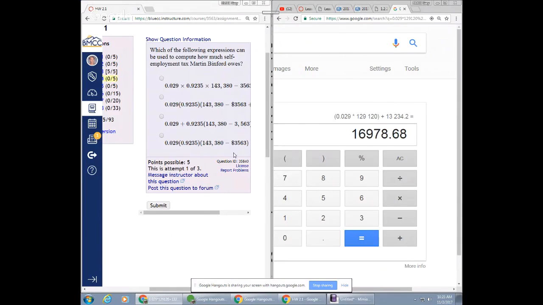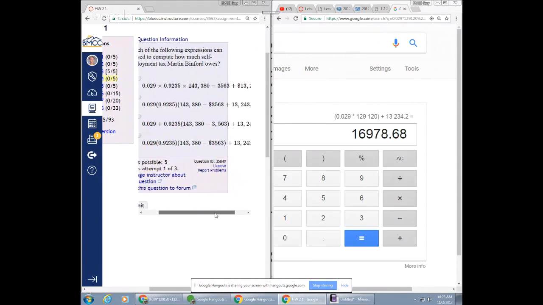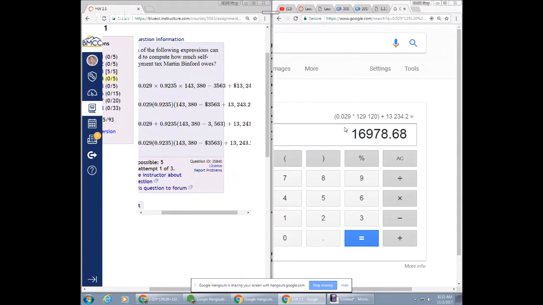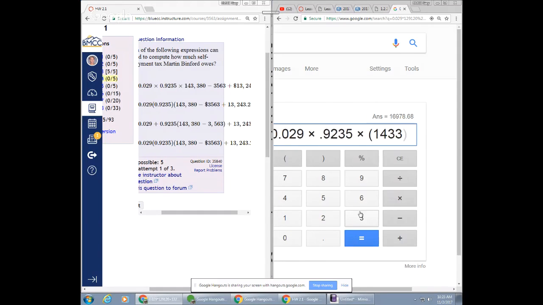All right, so what do we have? Is it showing the whole thing? Not quite. It mostly shows it right there. All right, so clear. So I'm typing it as I see it on this calculator, 0.029 times 0.9235 times parentheses 143,380 minus 3563.